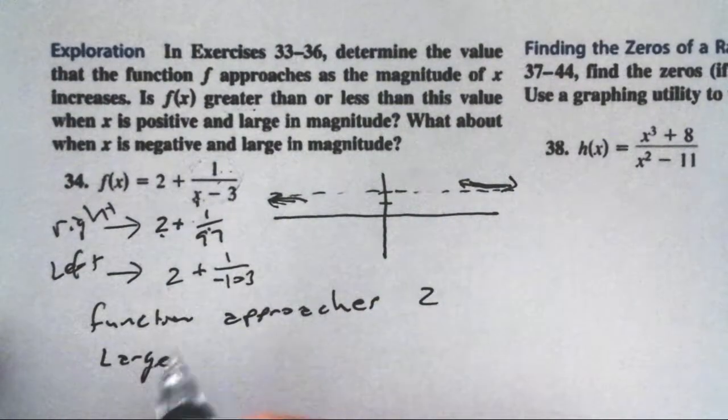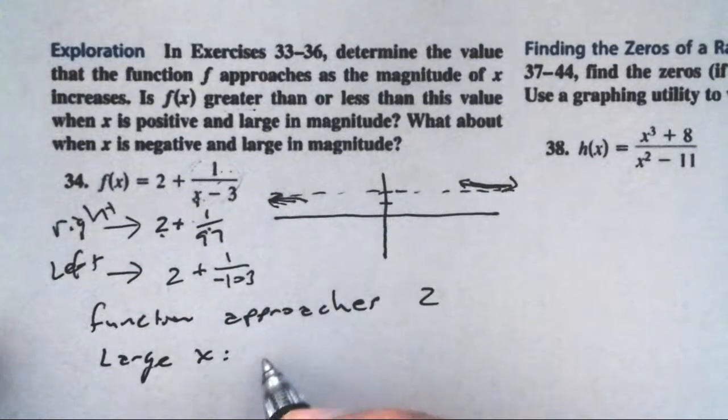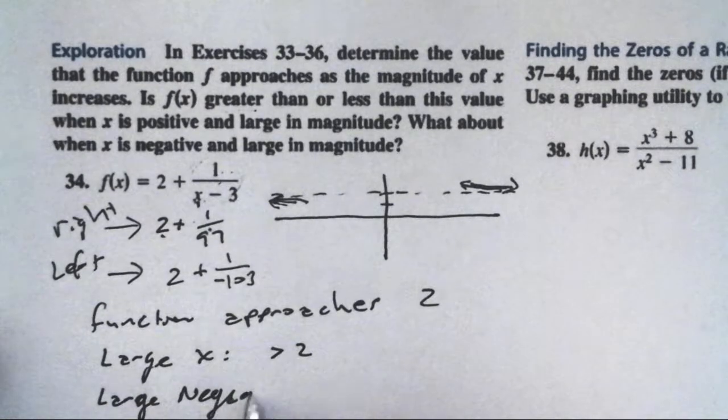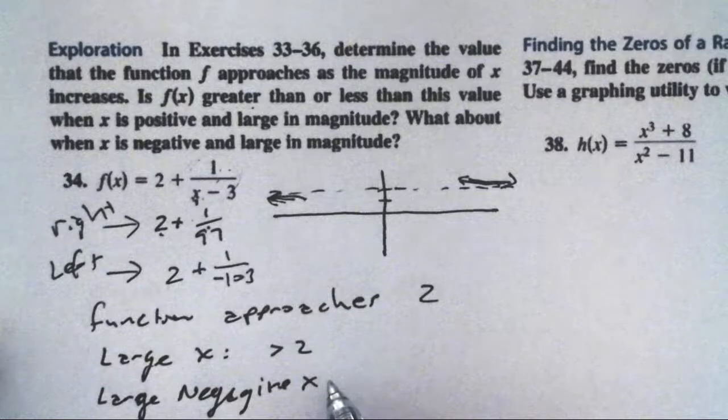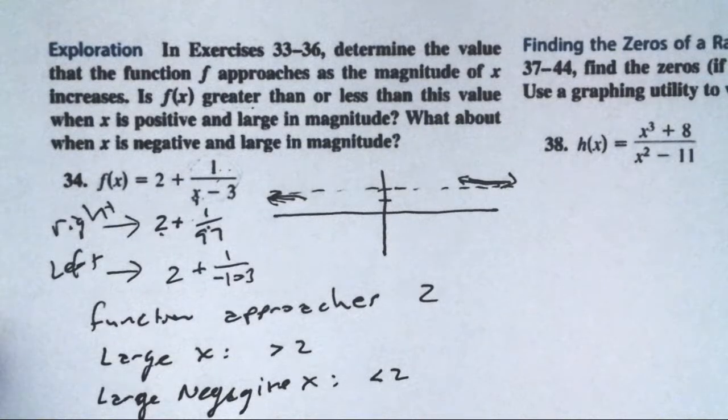For large x, it's a little bit above, greater than 2. For large negative x values, it would be slightly less than 2. Okay.